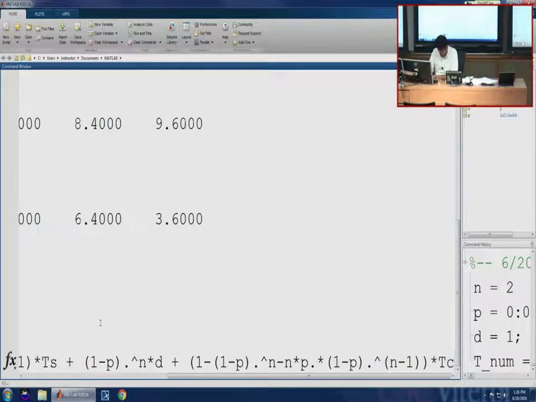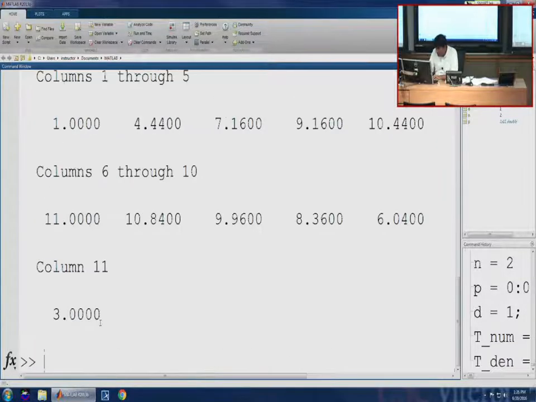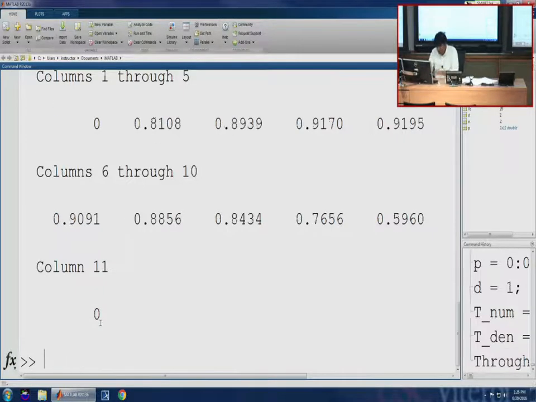So that's my denominator. What did we call this? Just throughput?